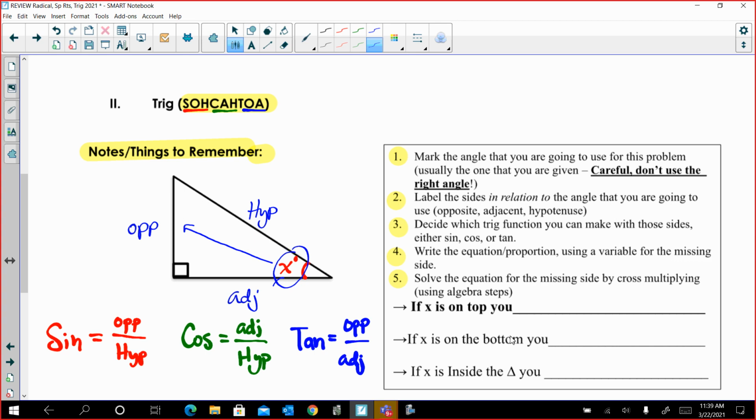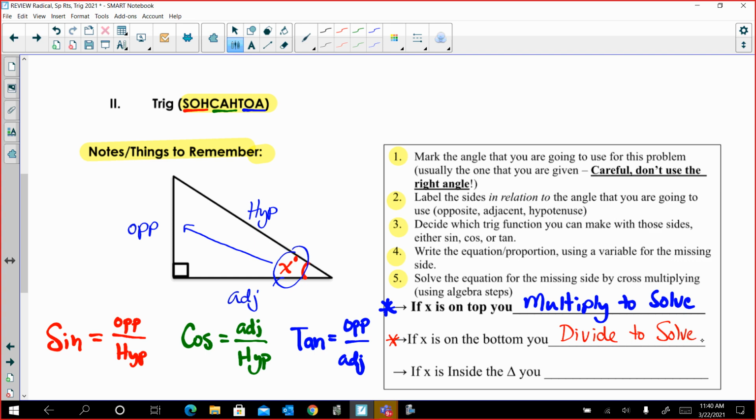All right, the other key information you need to know. We label the sides, we decide which trig function, picking one of these three, we write the equation, then we solve it. But the key thing is recognizing what we have. If x is on top of your equation, you multiply to solve. If the variable x is on the bottom, then you divide to solve.